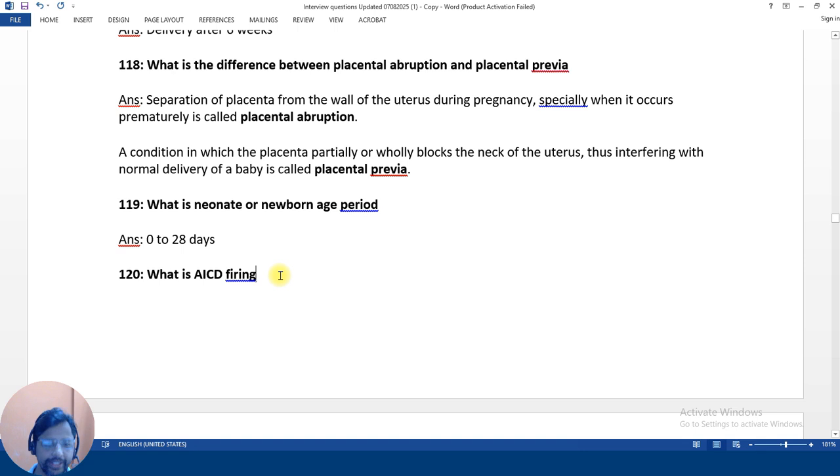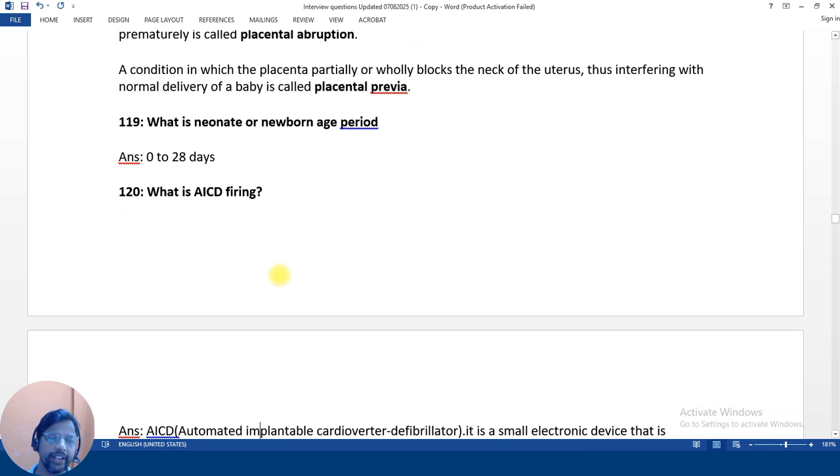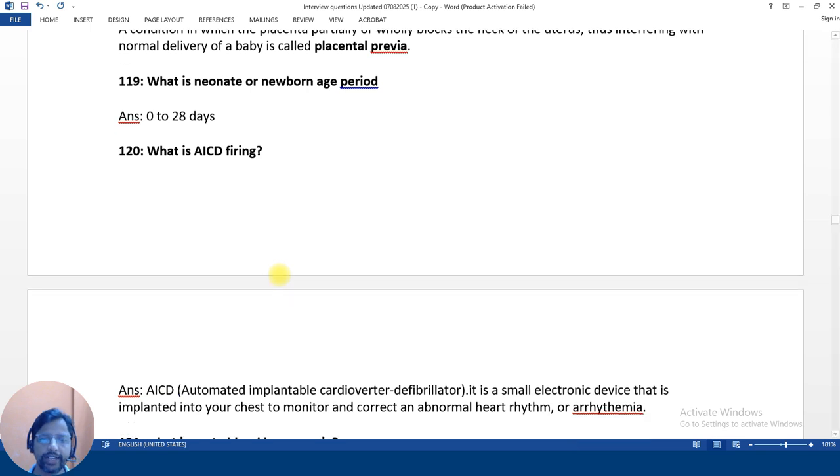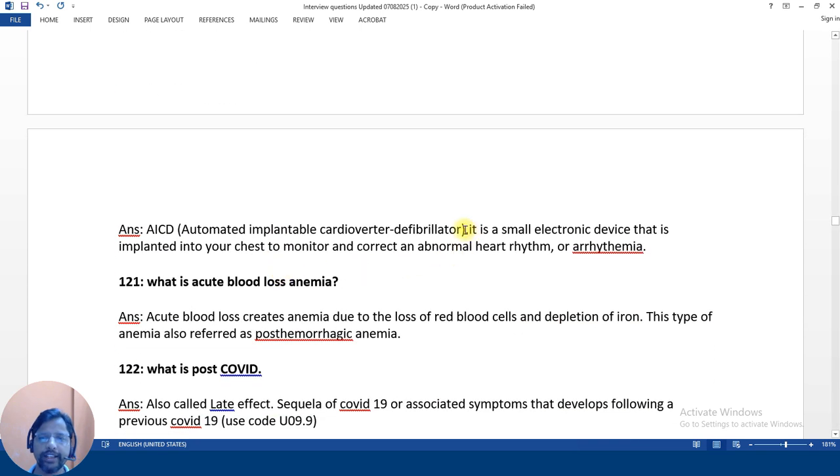Okay. So next, what is AICD firing? AICD means automated implantable cardiovascular defibrillator. It is a small electronic device that is implanted into your chest to monitor and correct an abnormal heart rhythm or arrhythmia. So that is the purpose of AICD.